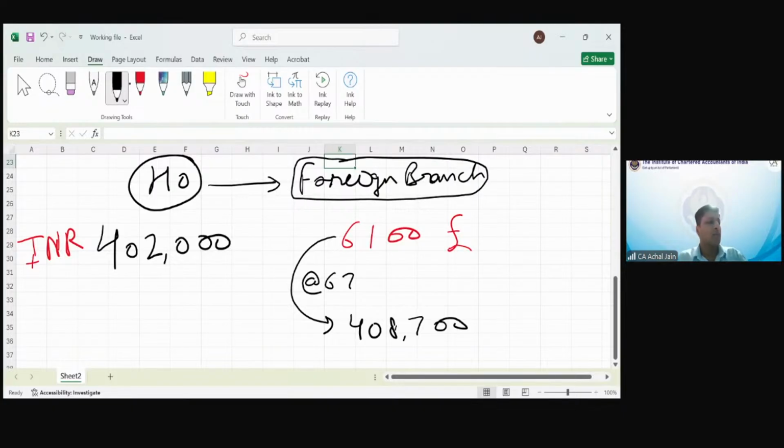Now, when you do this conversion, it's a transaction between two parties, head office and branch. Now both will appear in INR.